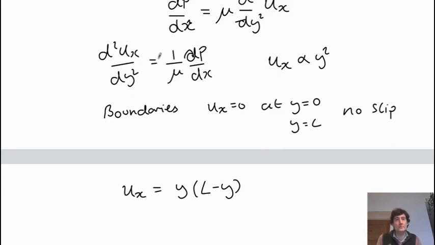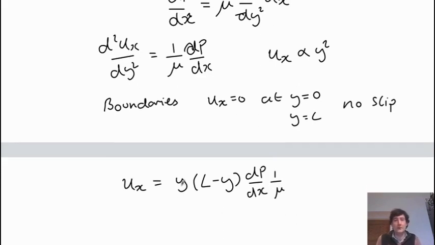And so the constants must be proportional to this, so we have a dp by dx and 1 over mu. And now if we have a quadratic, what we end up with is a factor of a half coming down here, so we must have basically a half here. So when you differentiate this twice, y squared will give us a factor of 2, and that will need to cancel out to go to here, so we have a factor of a half here.